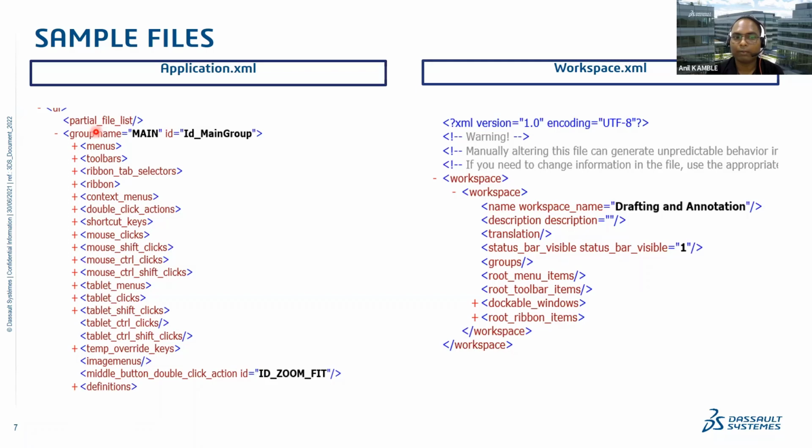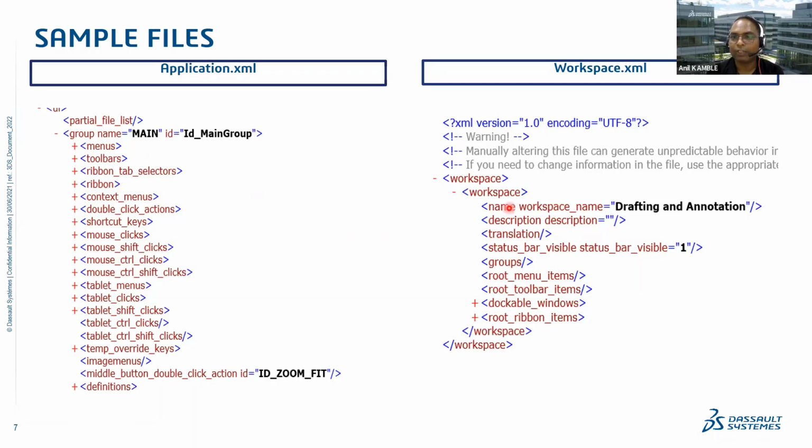If you have any mouse clicks, shortcut keys, if you right click, what will be the menu that you should highlight? If you shift plus right click, what menu should pop up? That kind of setting you will find in the application.xml file.